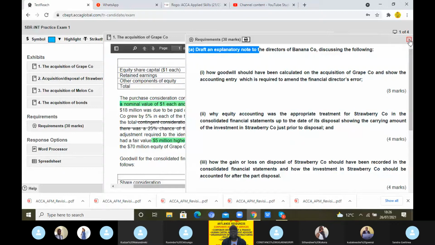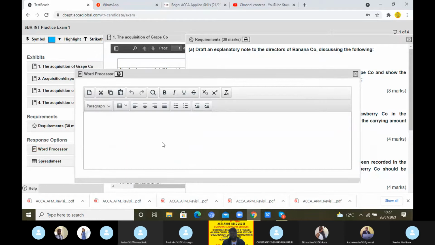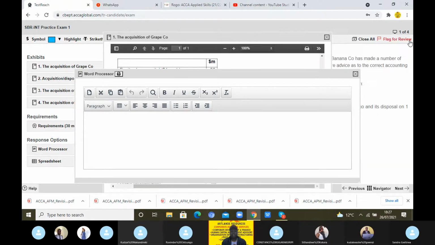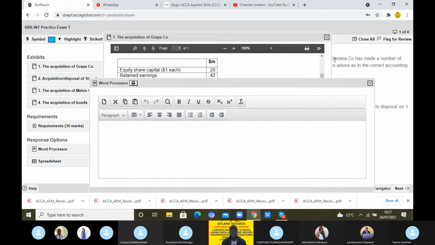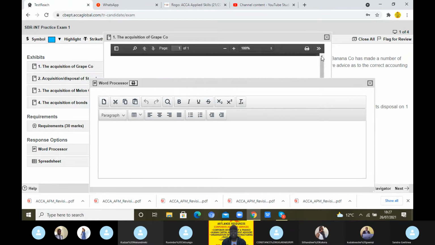So how do you go about it? You open your response option, which is the word processor. Now, notice, after I had opened the word processor, my space is now cluttered with a lot of things. I can close this one, but the exhibit I can leave like this because I need it from time to time.